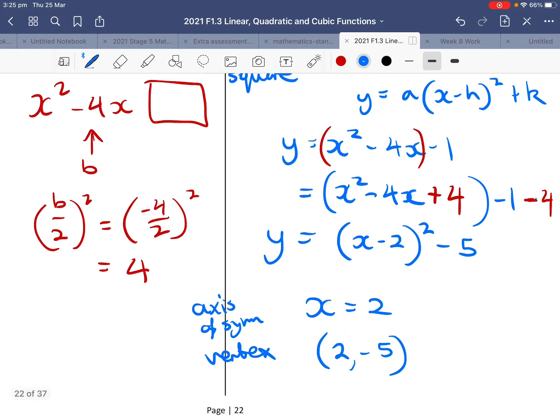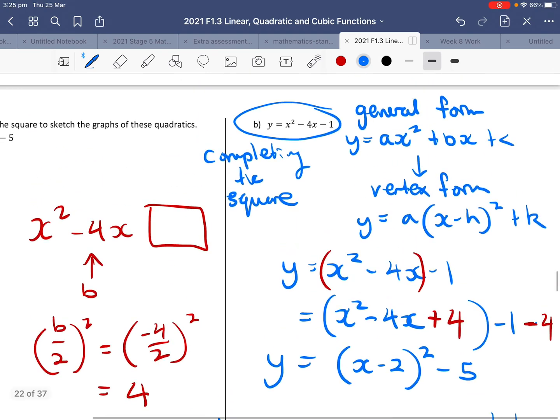So if I was going to do a quick sketch of that, I would know that my vertex would be at (2, minus 5), and my axis of symmetry would be at x equals 2, and so it would be some parabola like that.